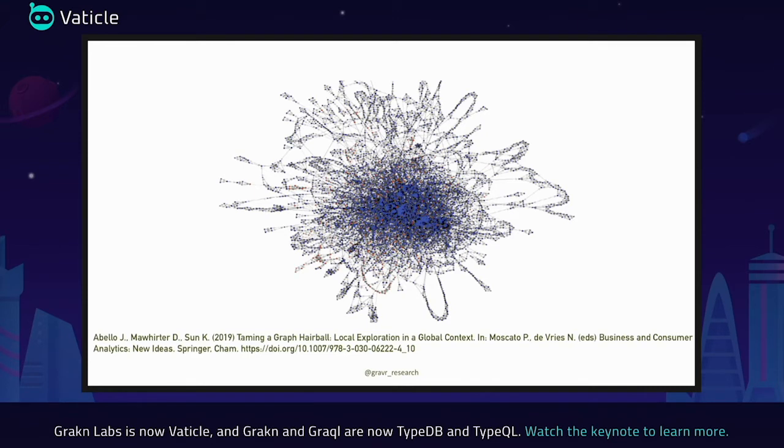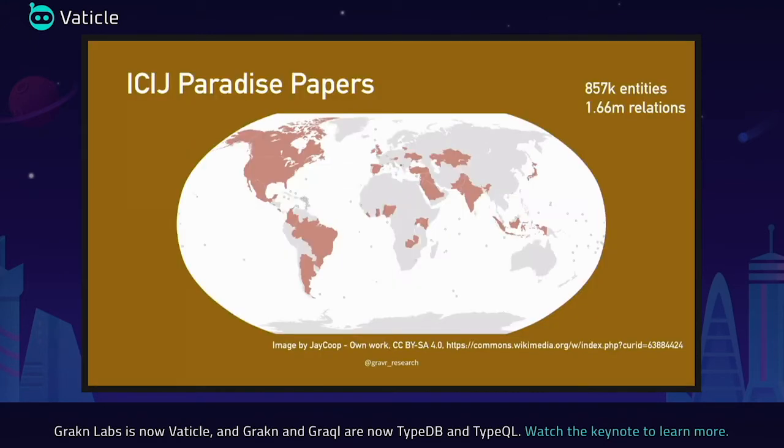Now, in this presentation, we'll do an example. We'll look at a particular database that was published a few years ago and has been ported into TypeDB. The International Consortium of Investigative Journalists have published several large-scale investigations that involved huge network-style databases.